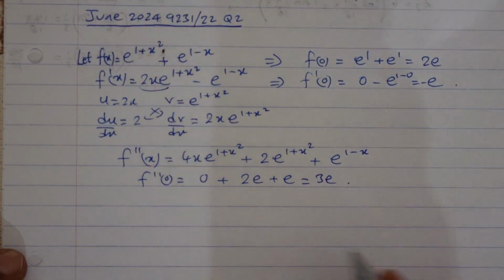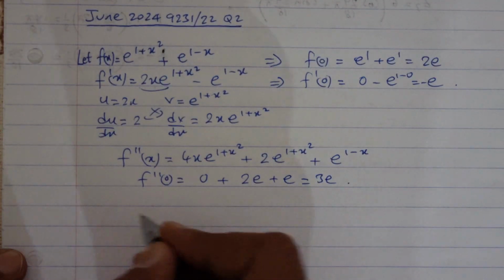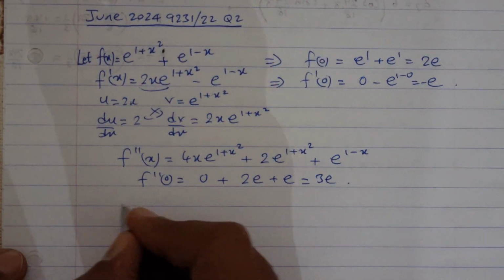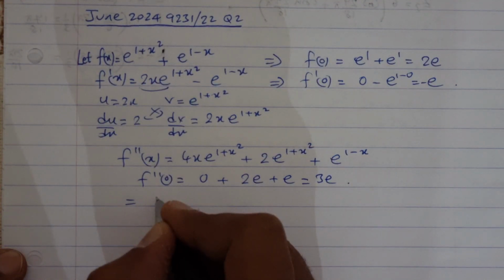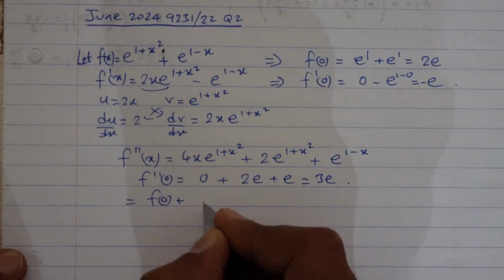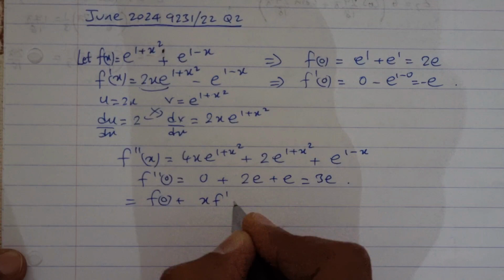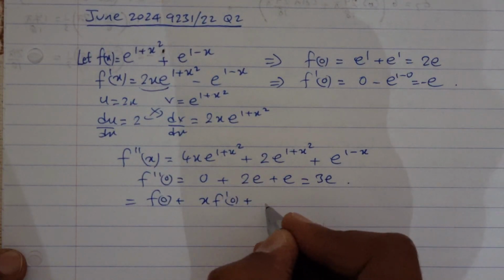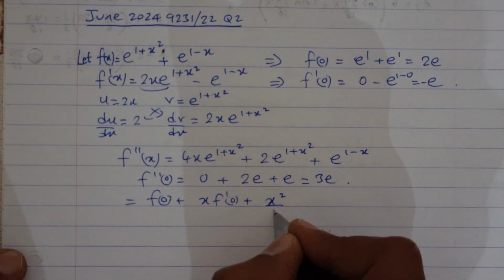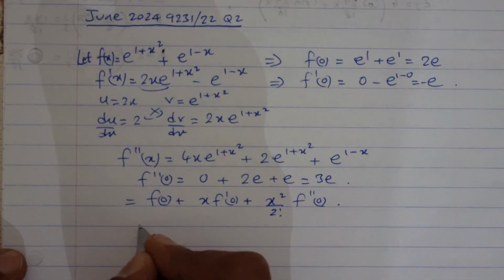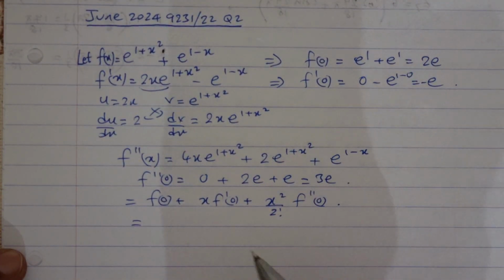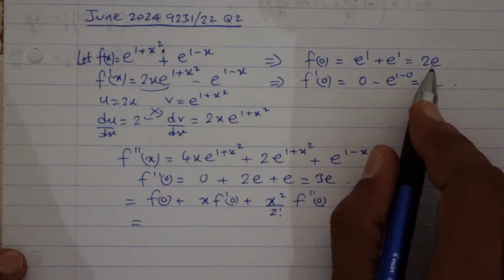So the Maclaurin's series now is going to be equal to f(0) plus x times f prime of 0 plus x squared over 2 factorial times f double prime of 0. So if we substitute all these values, f(0) we found was 2e.